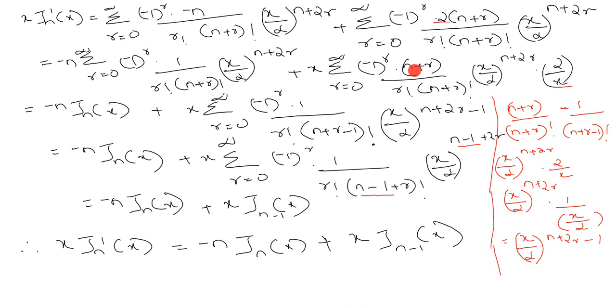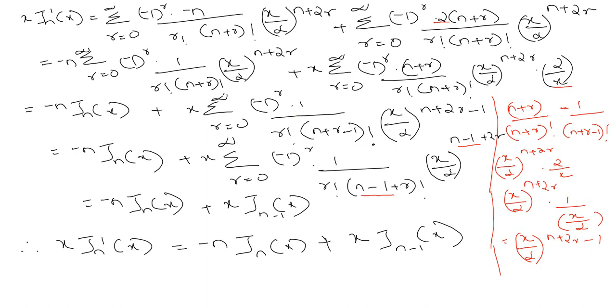So instead of (n+r) divided by (n+r)!, we can write (n+r-1)!. This is the modification made in this step.